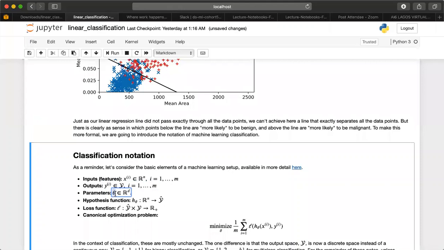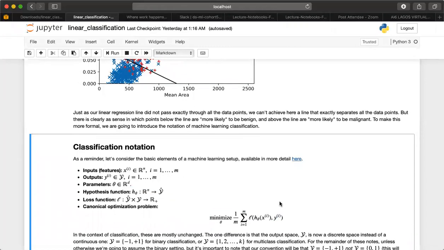We have our parameters, our hypothesis function, our loss function L, and the optimization problem. The optimization problem is basically to minimize the loss between the hypothesis and the target value for all the data points. That's our optimization problem, both in regression and in classification.